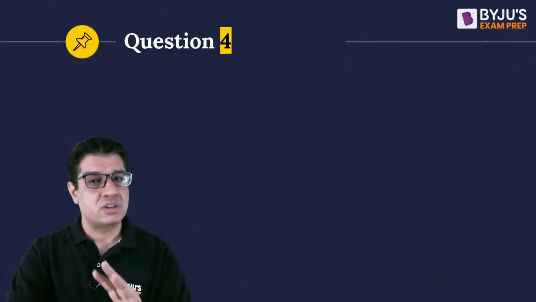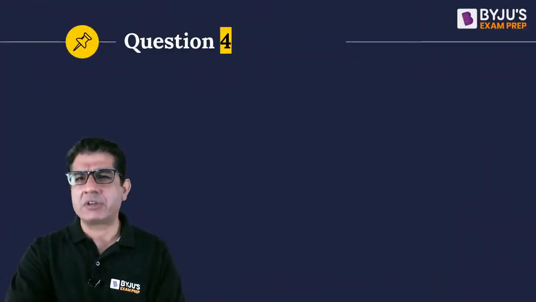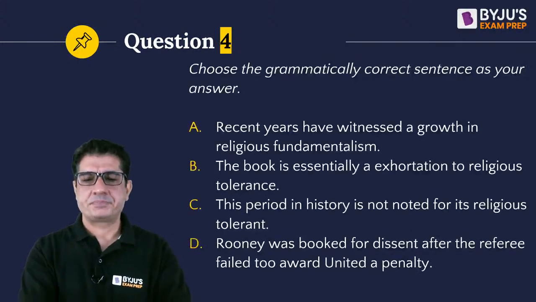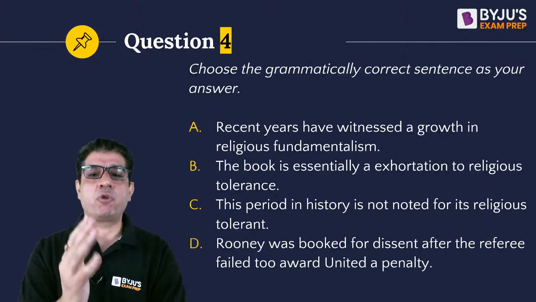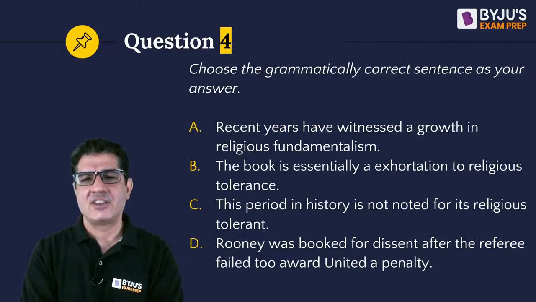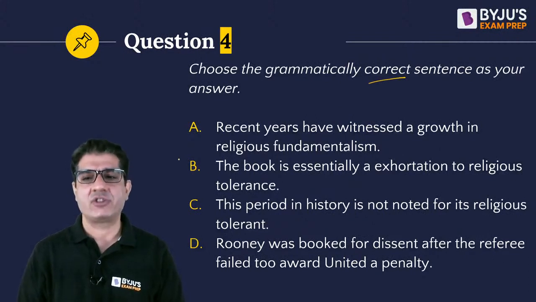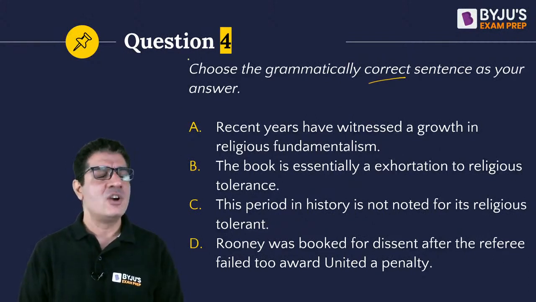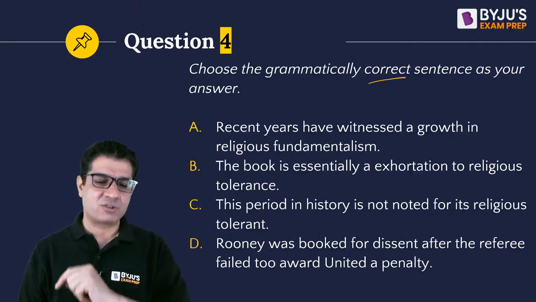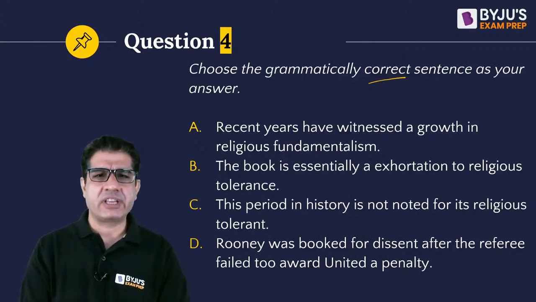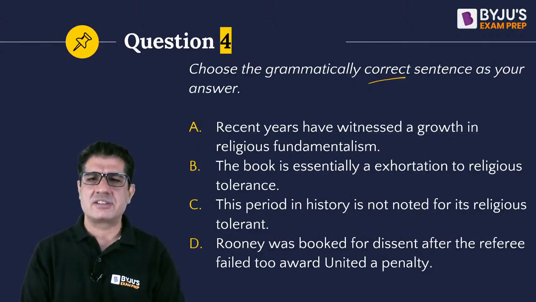In this question, once again, I'm going to test your grammar skills, but I've given you 4 different sentences. You are supposed to choose the sentence which is grammatically correct and mark that as your answer. So 3 of these are wrong, 1 is right. That's your answer. Go ahead. I don't have a timer for this, but the moment I see 5 answers, we'll go ahead and start our discussion.